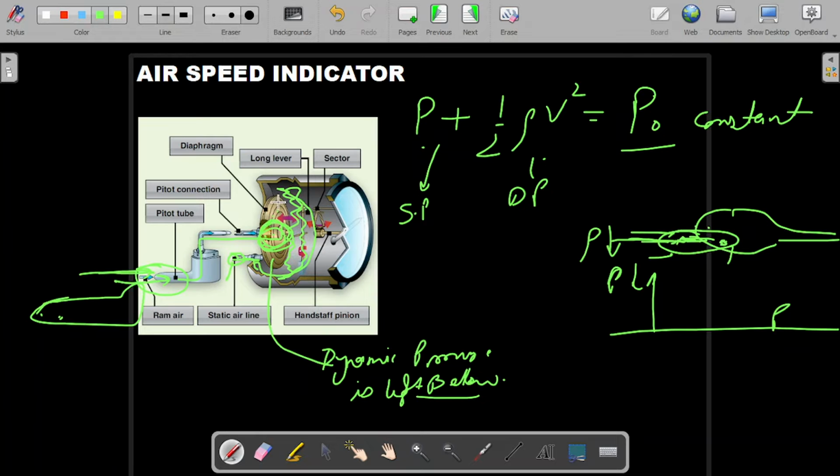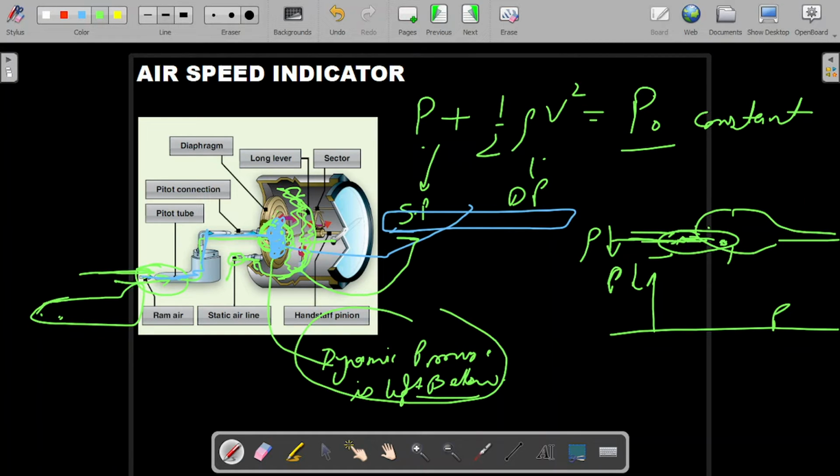I'll take another color, this blue. The blue I am marking is the total pressure, which is the summation of static pressure and dynamic pressure, and outside, this green part is only the static pressure. So static pressure from outside and static plus dynamic from inside, so only the dynamic pressure is left, which is acting on the bellow.